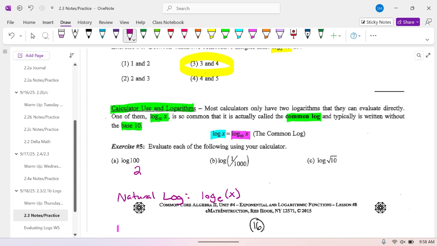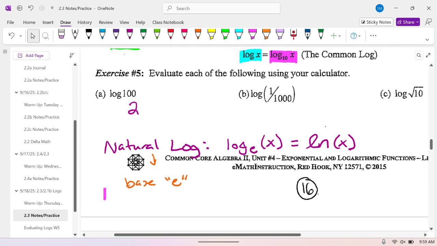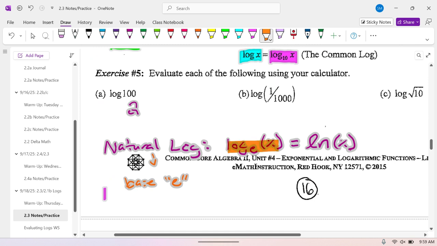So you'll see that as ln of x. So if you see ln of some number or of a variable, it is a log, but it's called the natural log. All right, it's a log with a base of E. I mean the number E, not the letter E. So you really just need to remember this part.